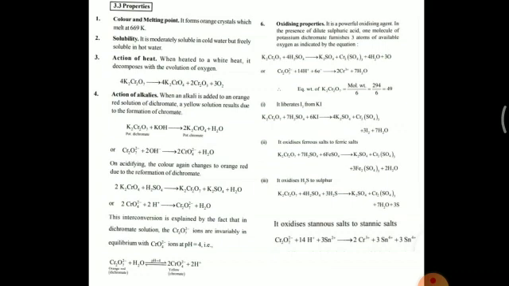Next is it oxidizes stannous salts to stannic salts. So dichromate ion Cr2O7 2 minus plus 14H plus, that is from 7H2SO4, plus 3Sn2 plus, stannous ion, gives rise to 2Cr3 plus, chromic ion, plus stannic ion, that is 3Sn4 plus, plus 7H2O.